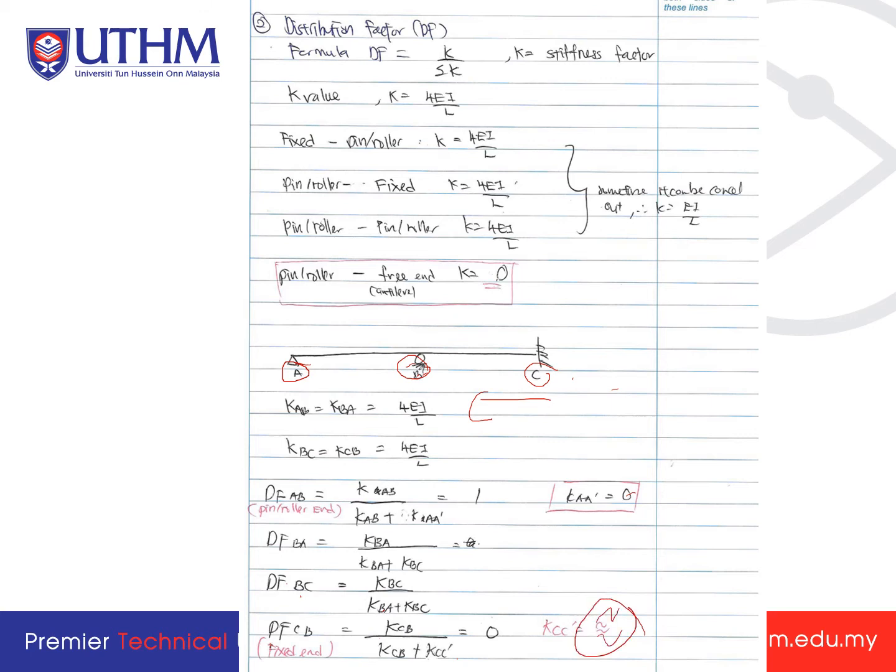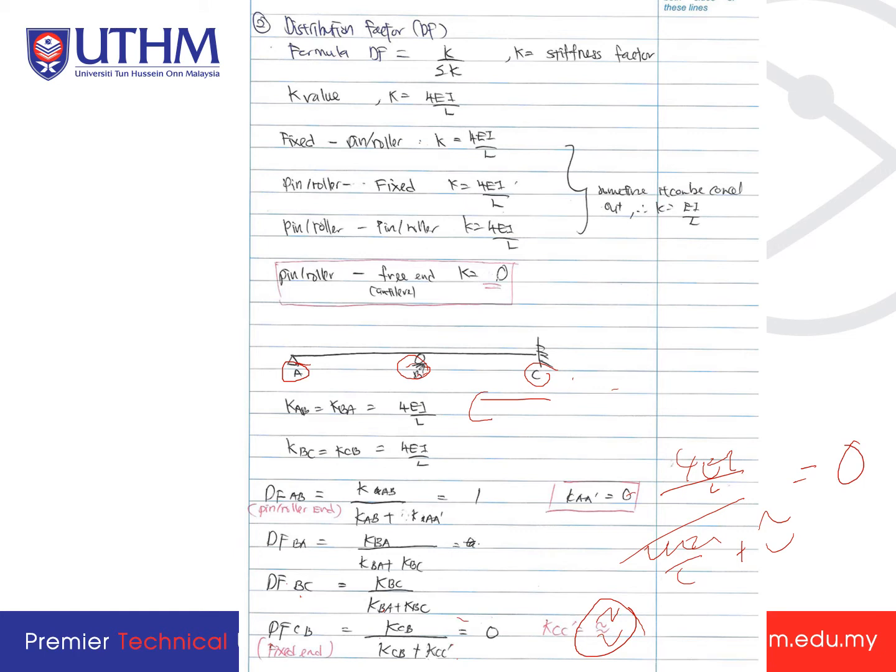So basically we assume it to be not 0, something unknown. So KCB is 4EI over L over 4EI over L plus unknown. So this one you will get 0.